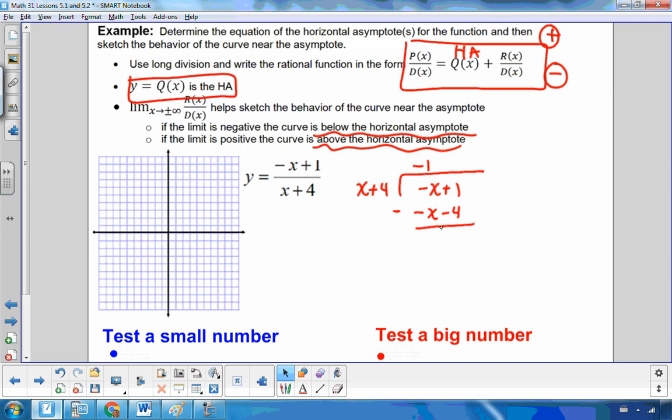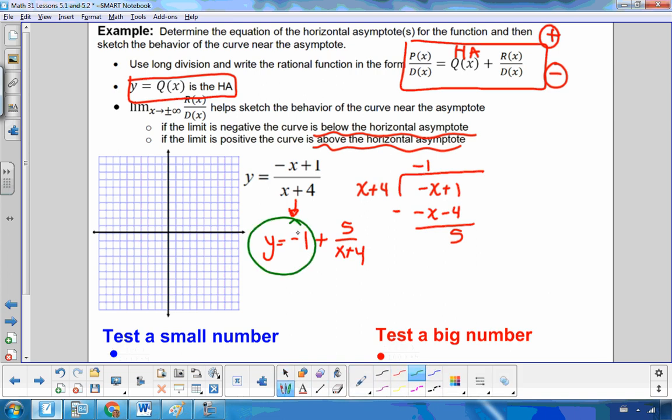So I get negative x take away negative x is 0. 1 take away negative 4 is 5. So I know that this fraction can be written as negative 1 plus my remainder out of my divisor. So this here is my horizontal asymptote. So I have a horizontal asymptote at y equal to negative 1.